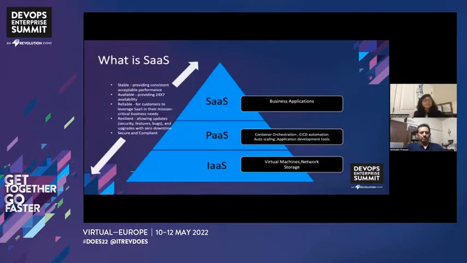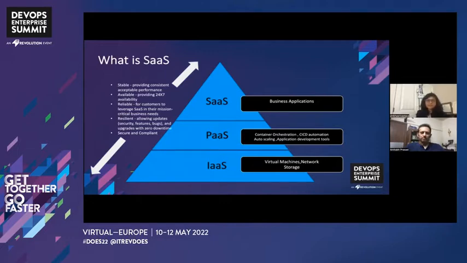So, starting with SaaS. SaaS is the business application that runs on top of the layers provided by the cloud provider, which is the infrastructure layer: virtual machine, compute resources, network, storage. And then the platform on top of it, which is all the services that the SaaS would need to run.